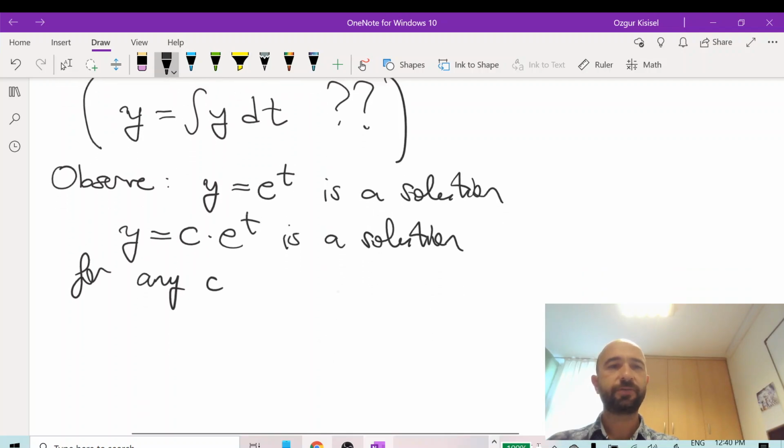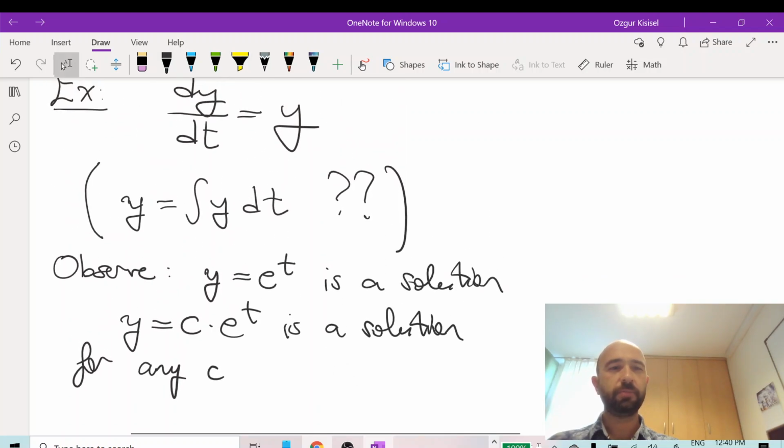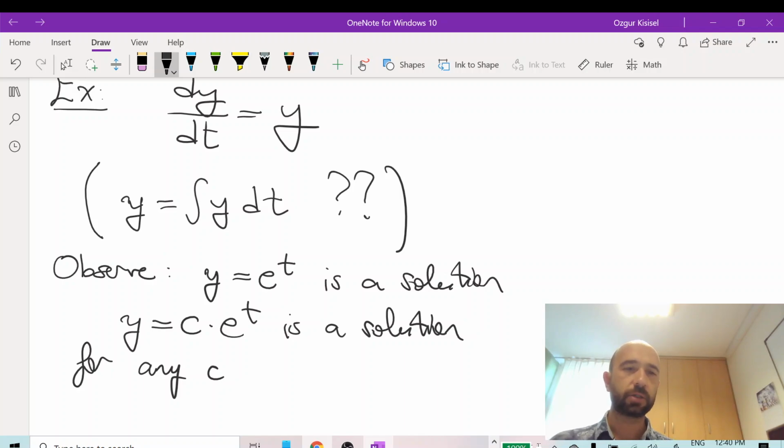Okay, again, we have some free constants, but this time it's not a plus c as in calculus, right? It's a times c. So the constant appears in a different place. We can still not be sure at this point whether we found all solutions. Actually, it is true. These are all solutions, but we'll see that later.